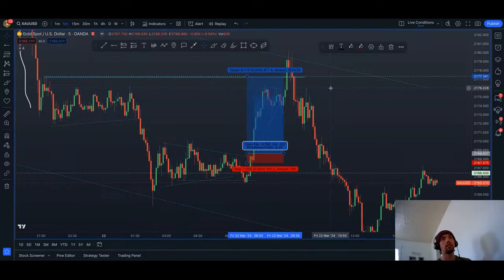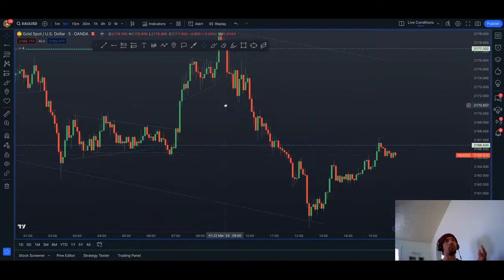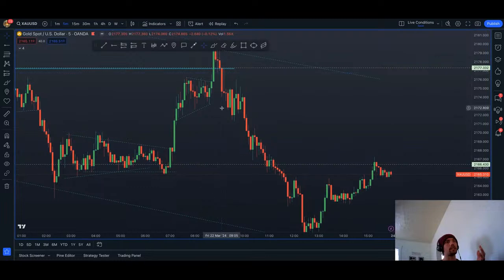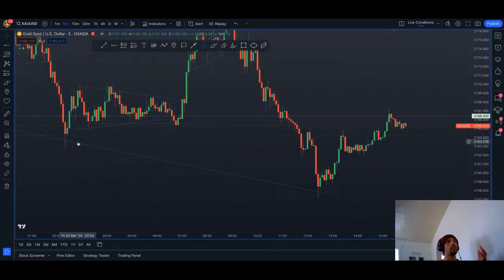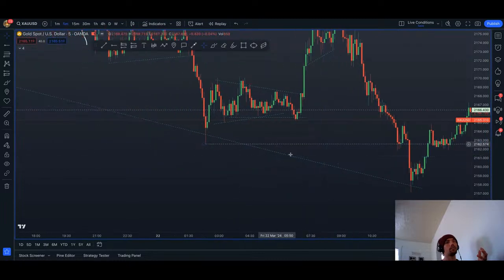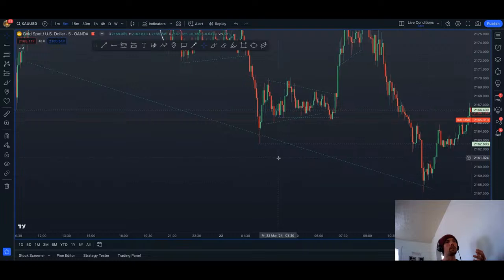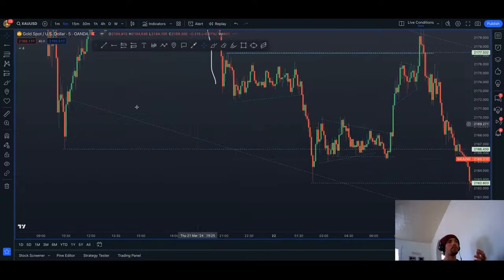So instead, we patiently wait for the market to come back in, which it does. So now that it's broke back in, we're looking for it to continue to come back down here and target these downsides. We're looking for it to target these downsides, and it gave us that and much more, which is cool with me.